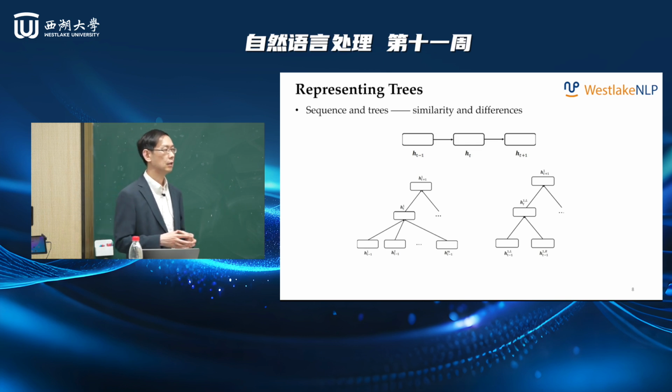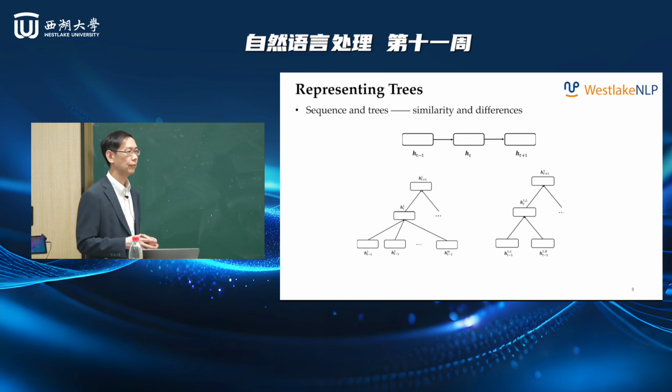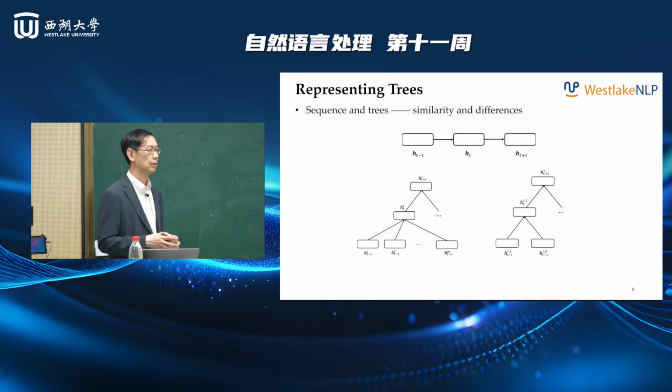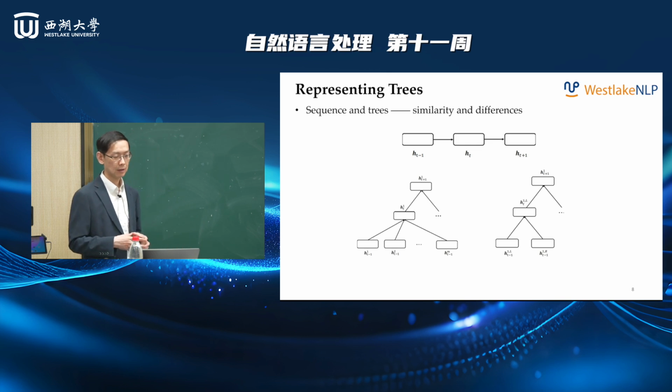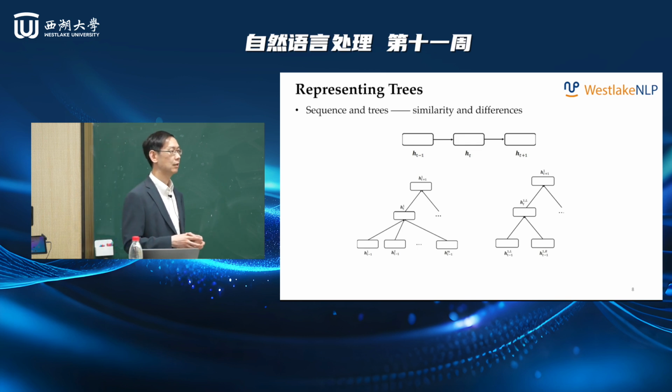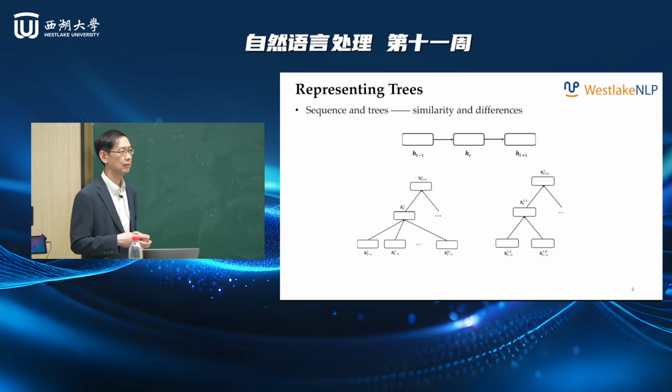Trees have multiple subnodes for each node, all right? So sequences are just one row. You have only one successor or predecessor for each node. I think that's the main difference, okay? A sequence can be seen as a tree, after all, right? It's a tree without multiple branches, just a one-branch tree, okay?